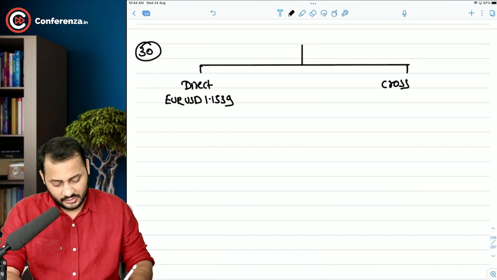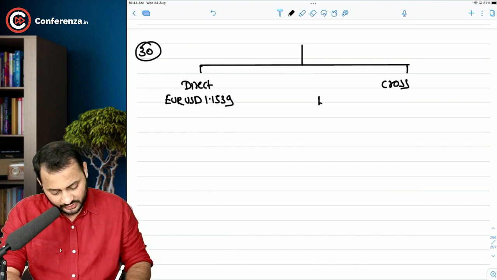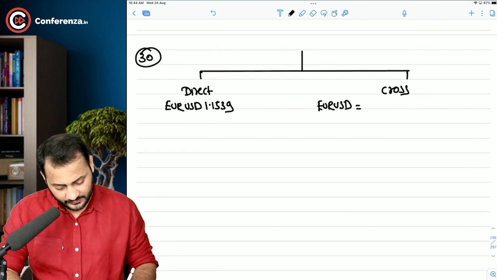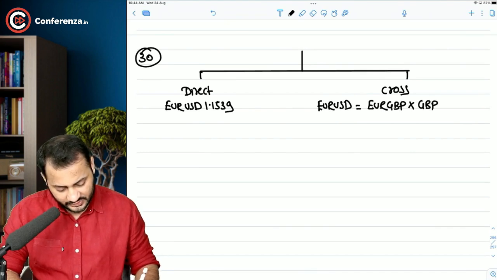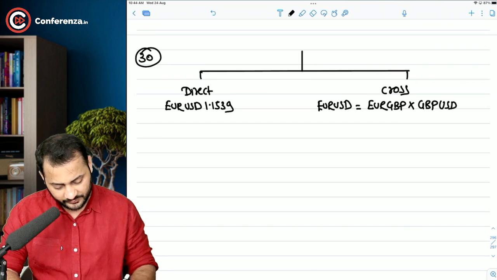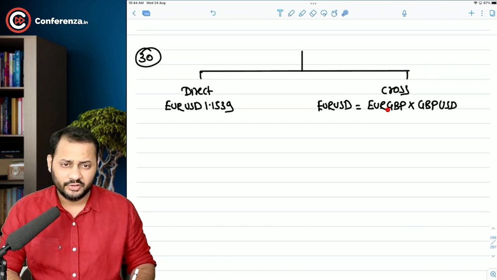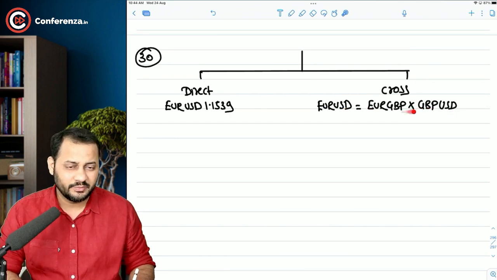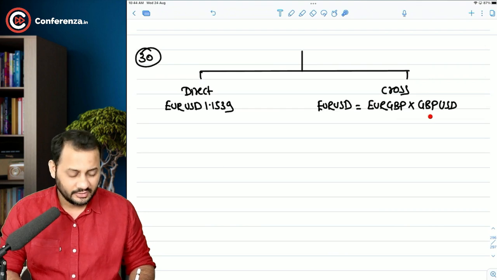Now we will calculate the cross rate of euro USD from the other two markets. How to do that? It's very simple, sir. Euro has to be kept first and the other currency is GBP. In order to cancel the GBP, I will start with GBP and then I will keep USD. Understand, euro is first, USD is last, and the common currency GBP is the base currency in one quote and the price currency in the other quote.